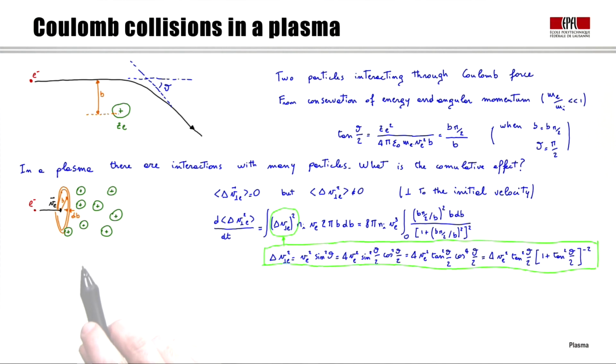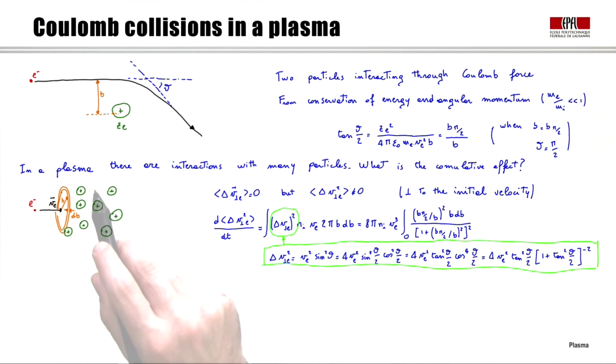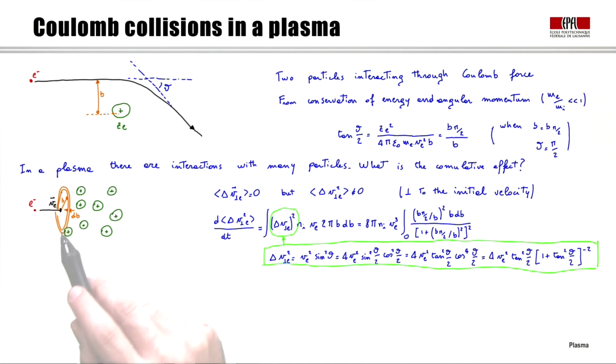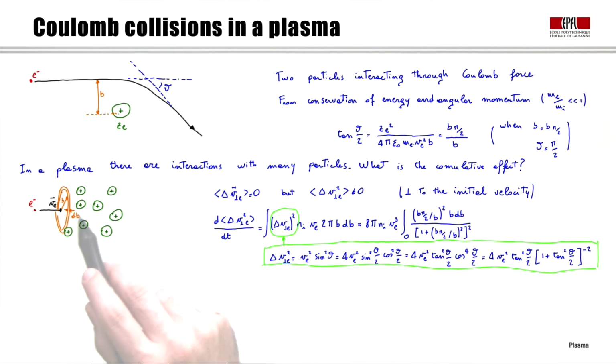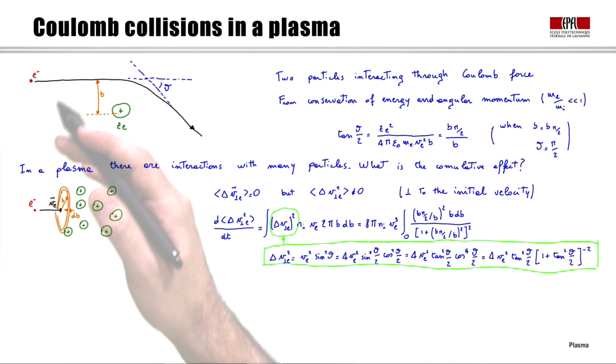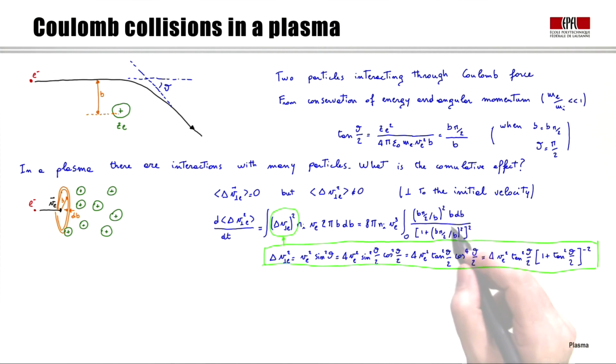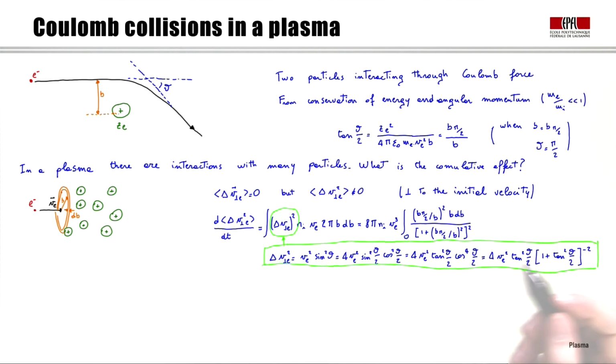It's because we have assumed that the Coulomb interaction is valid at all distances, but as we know, in a plasma the Coulomb potential is screened at a distance comparable to the Debye length, and therefore there are no one-to-one collisions at impact parameters greater than the Debye length.